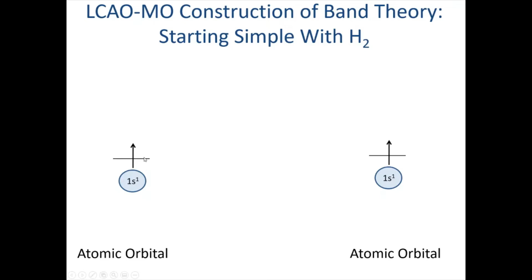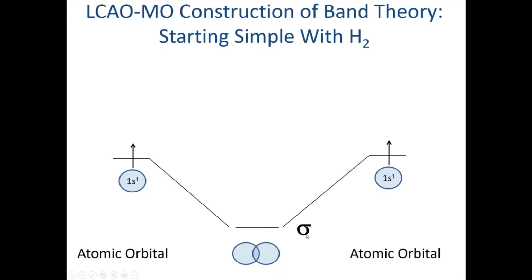And we can add and subtract these atomic orbital equations to give us molecular orbitals, meaning we can add the equations together and give a combined equation that will give us a bonding orbital, and we can subtract the two orbitals, giving us what we call an antibonding orbital. When we add them, we get an overlap of the electron density, and this is called a bonding orbital.